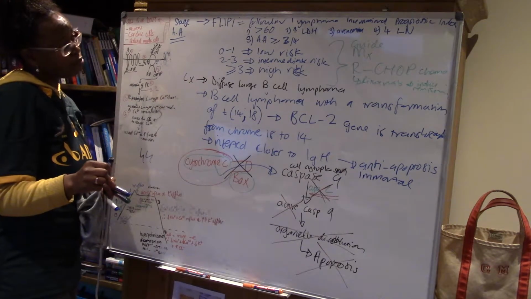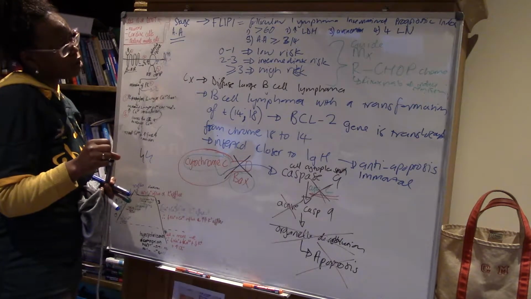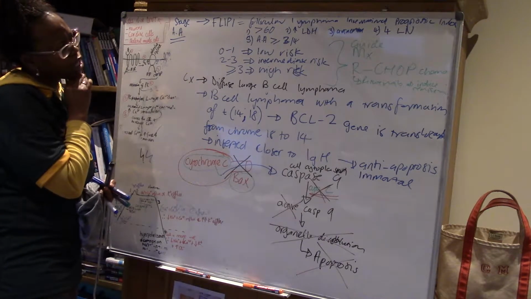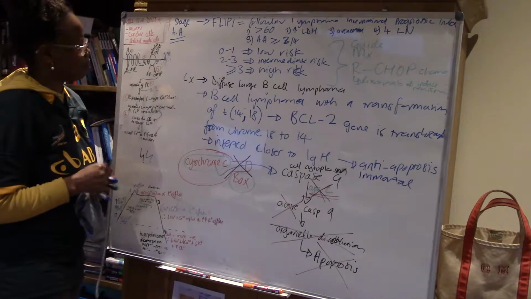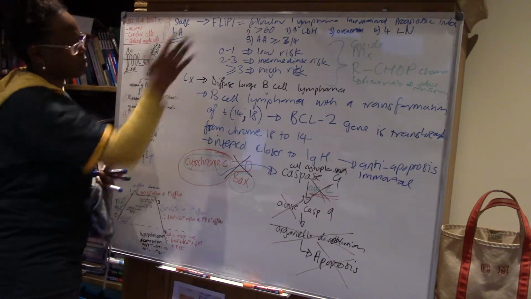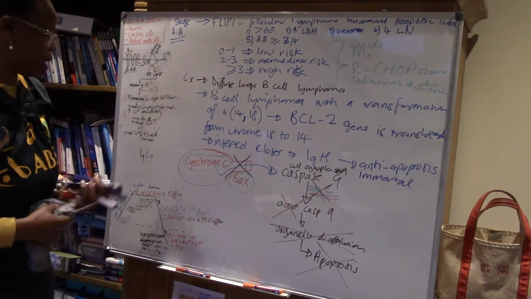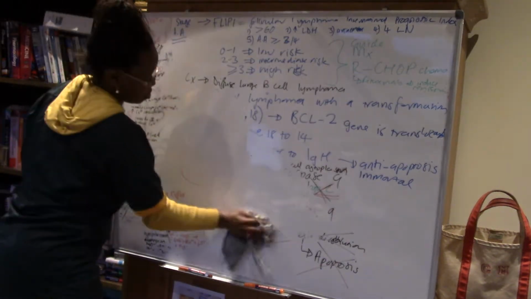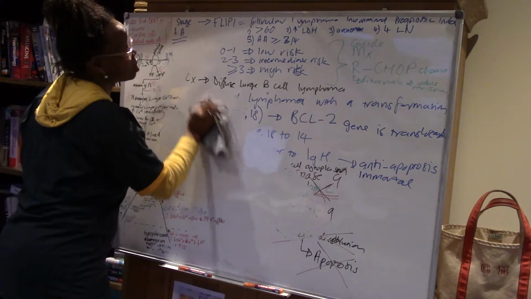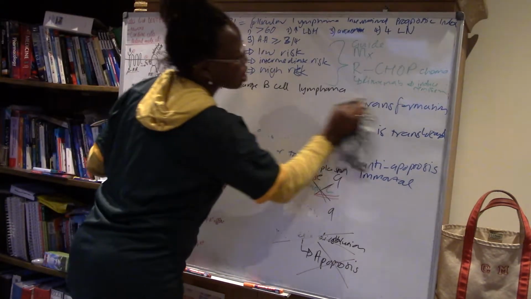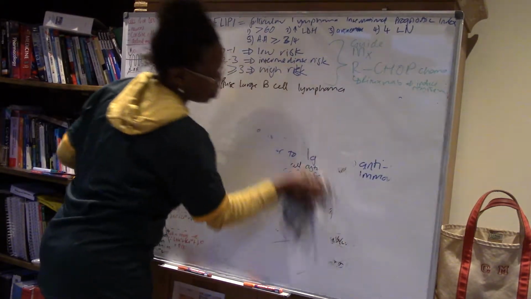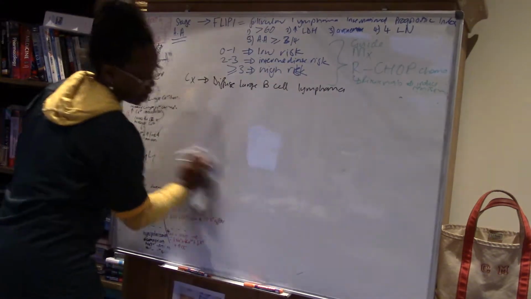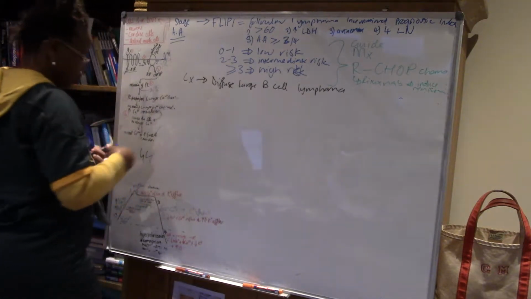And follicular lymphoma, did I mention the cells? I know I probably went too far in talking about the FLIPI and the treatment, but really the morphology is usually centrocytes.